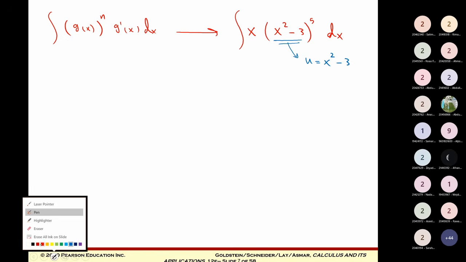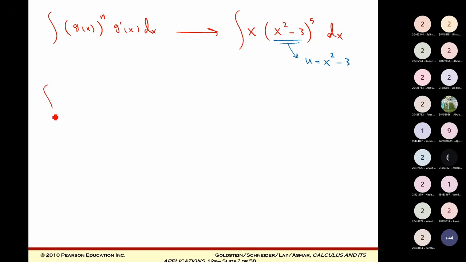Another example: sometimes we have a radical of g(x), and outside the radical we have the prime. For example, x squared and radical of x to the power 3 plus 1, dx, like this.